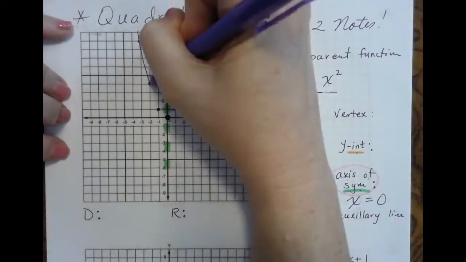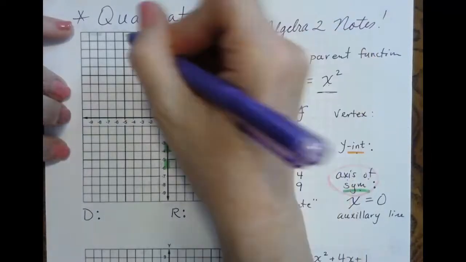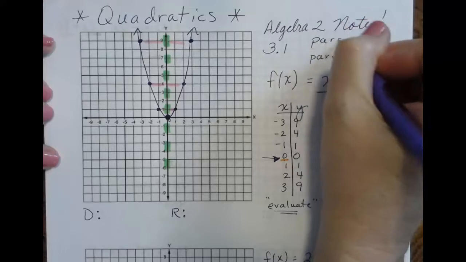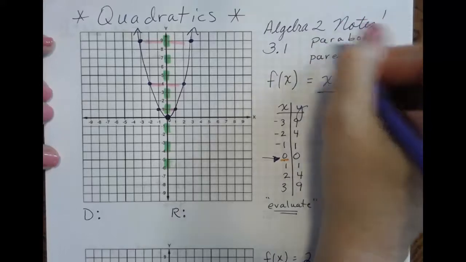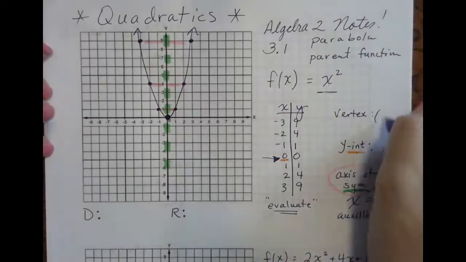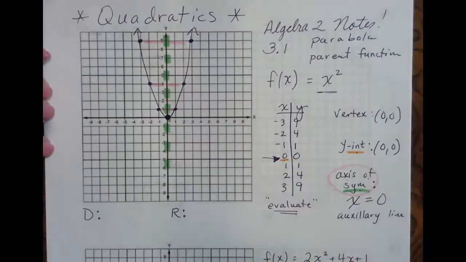So here is our parent function of all our parabolas. That's what this is called. P-A-R-A-B-O-L-A, parabola. So our vertex is at 0, 0. Our y-intercept is at 0, 0.